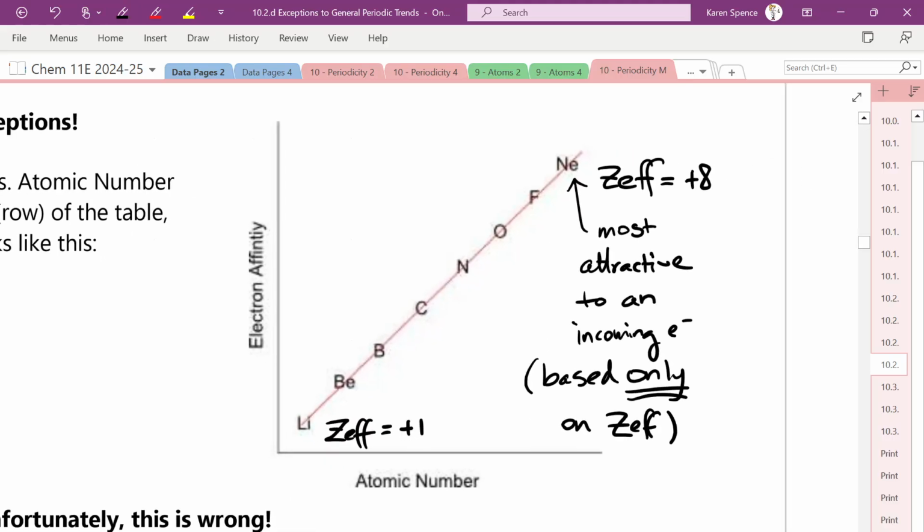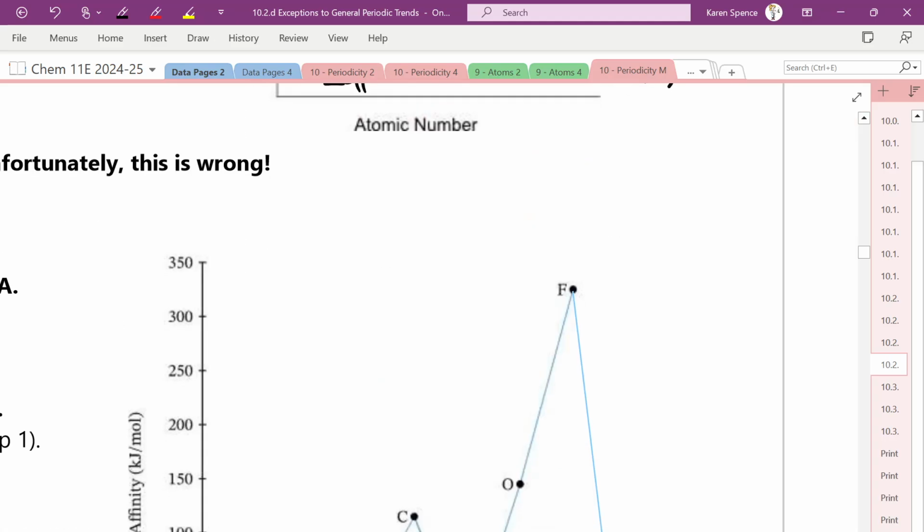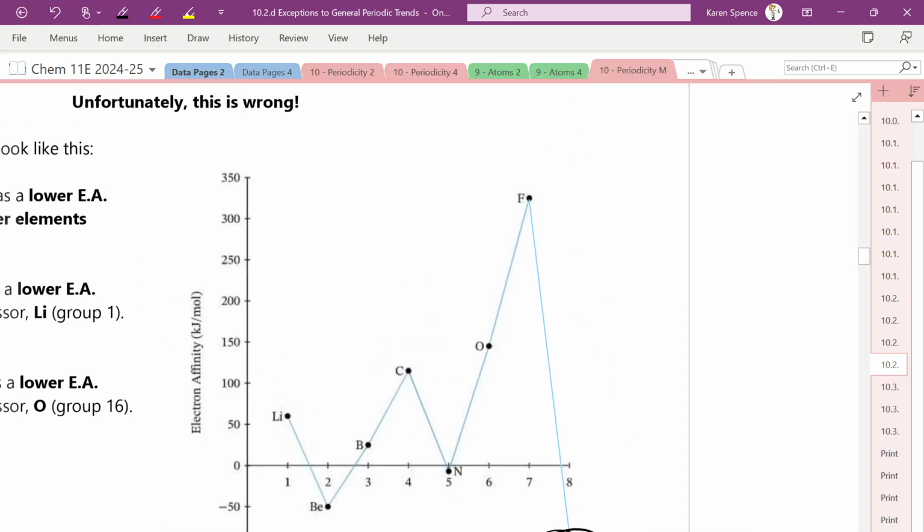But reality shows us a different story. Here's reality. Whoa, neon is not the highest, it's way down here. We expected it to kind of go like this, and it does not do anything close to that.